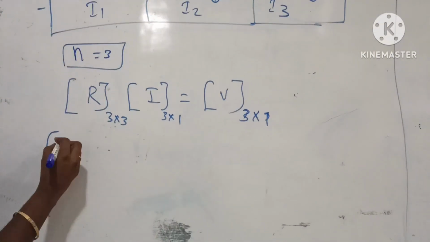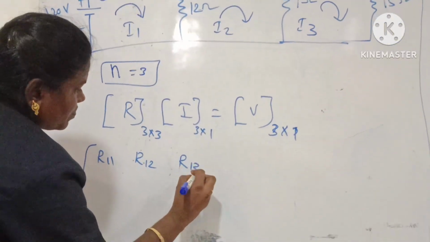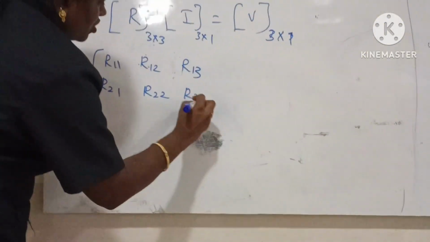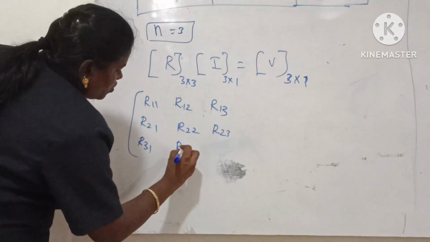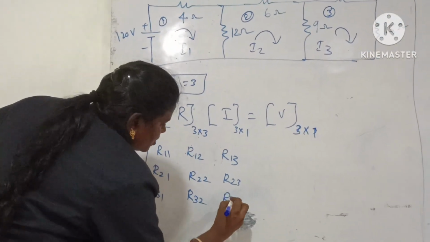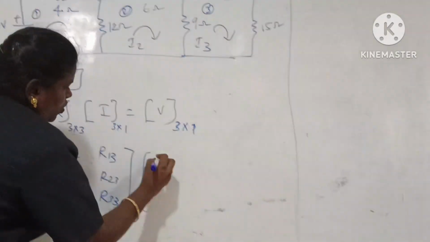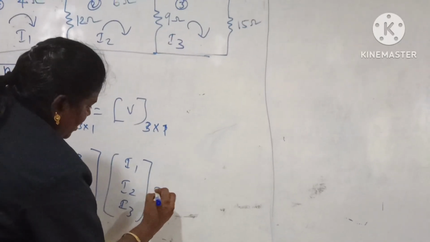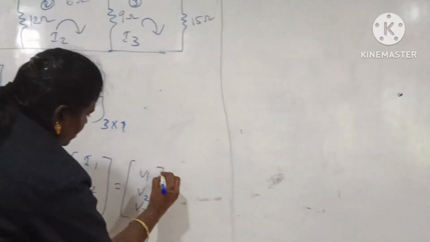So R11, R12, R13, R21, R22 and R23, R31, R32 and R33. Next the current matrix I1, I2, I3. Voltage matrix V1, V2 and V3.